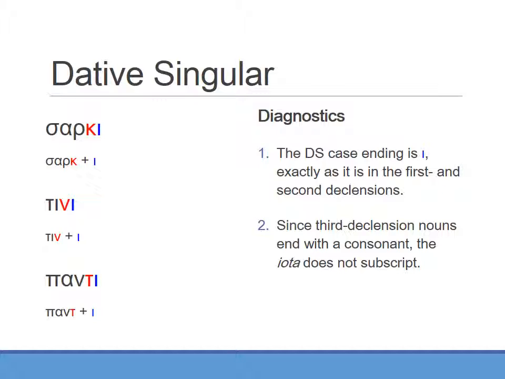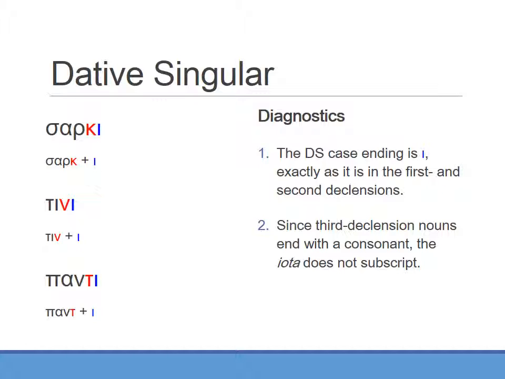The dative singular case ending is iota, exactly as it is in the first and second declensions. Only, whereas it subscripts in the first and second declensions because the stems end in a vowel, in the third declension the stems end in a consonant, so the iota cannot subscript.